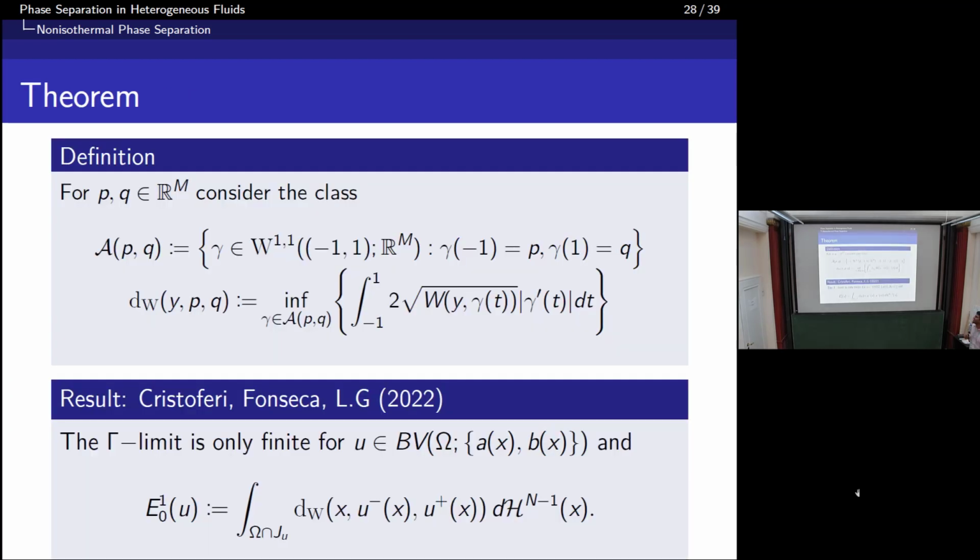Our theorem is basically what you would expect: you have a geodesic type of energy, where you take this square root, which measures the transition between your jump points, and U is only something in BV with values A of x and B of x. And you can show that this is now your sharp interface limit.